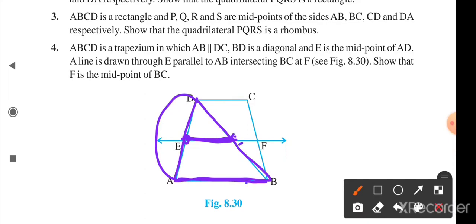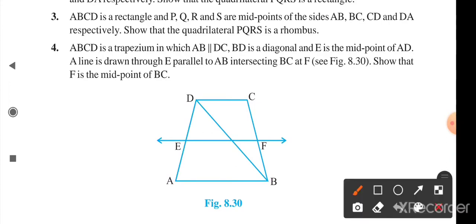But in this question, E is the midpoint of DA and the line meets DB at a point; you can give any name to this point, say G. So EG is parallel to AB and E is the midpoint of AD. So by converse of midpoint theorem, you can directly write that G is the midpoint of DB.